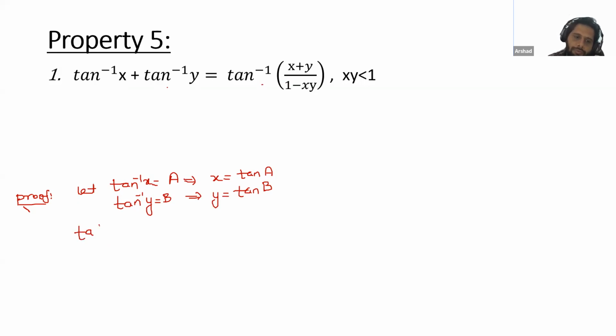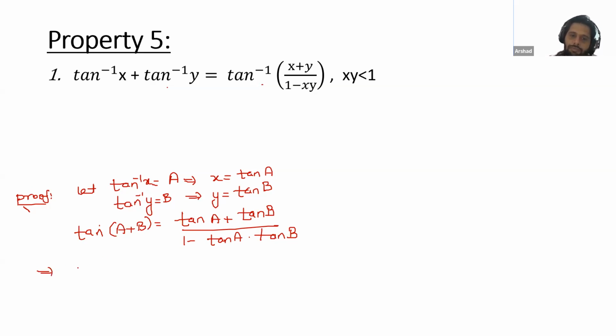Please check here if you will put this property that tan a plus b is tan a plus tan b by 1 minus tan a into tan b. Now tan a plus b, in place of this tan a plus tan b, we will put all the values. Tan a plus b is equal to, what is tan a? Tan a is x. What is tan b? y. 1 minus tan a into tan b, that means x into y.